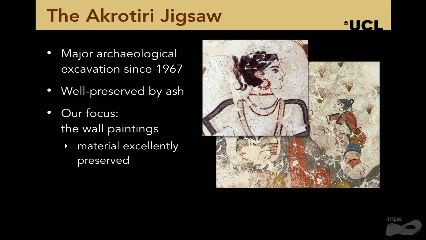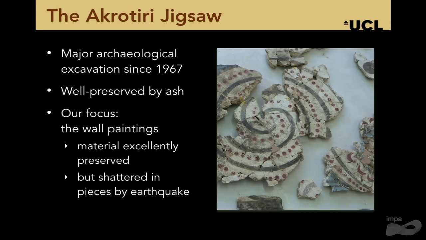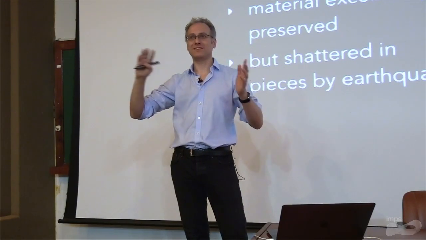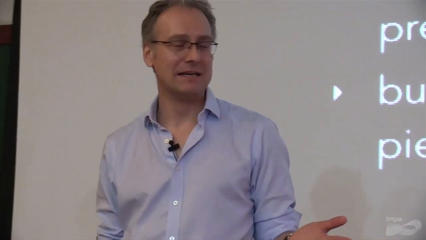One of the most exciting finds in this city is that many interior walls of these buildings were covered in wall paintings, and many of them are actually proper frescoes. However, during the earthquake, these frescoes detached from the walls, fell onto the ground, and shattered into many pieces. Often, they had multi-story buildings, actually. Late Bronze Age doesn't mean they were living in a cave. The only thing they didn't have was iron, essentially.